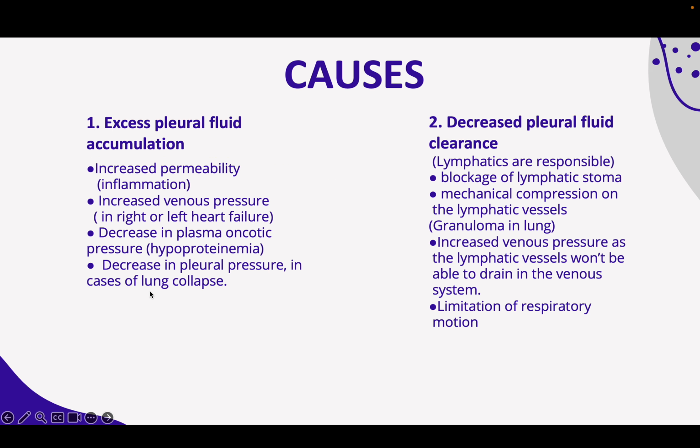The mechanisms behind the first are increased permeability or inflammation, usually due to infection, increased venous pressure, decreased plasma oncotic pressure, and the last one is decrease in pleural pressure in cases of lung collapse. And the second mechanism is decreased pleural fluid clearance.